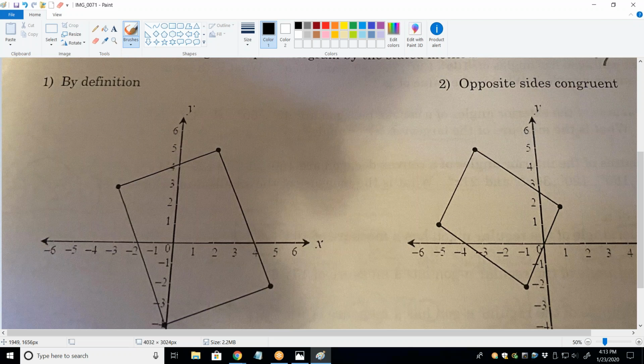So the question we need to figure out on number 1 is, are the opposite sides parallel? If both opposite sides are parallel, it's a parallelogram. They will be equal by definition.